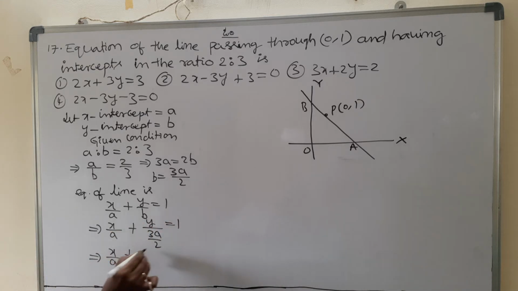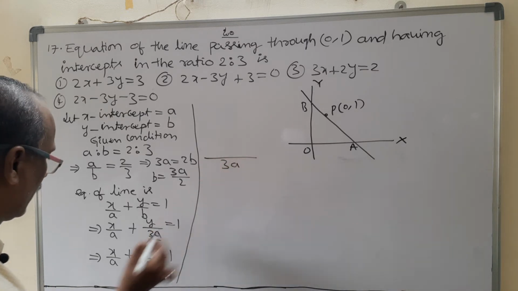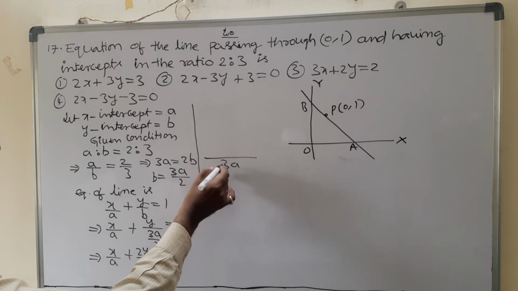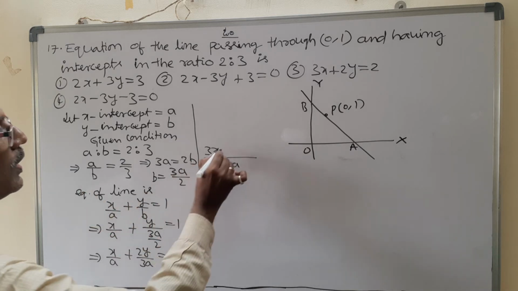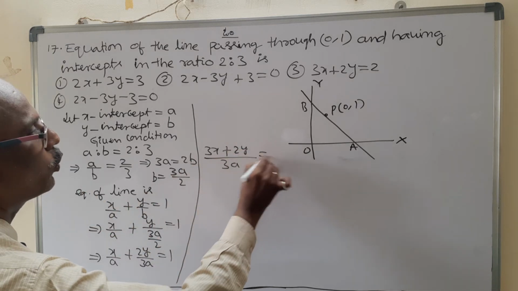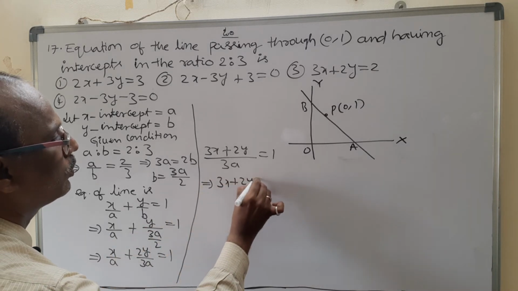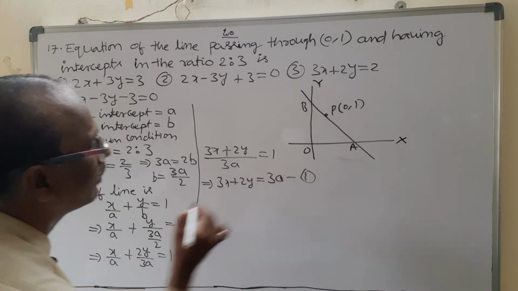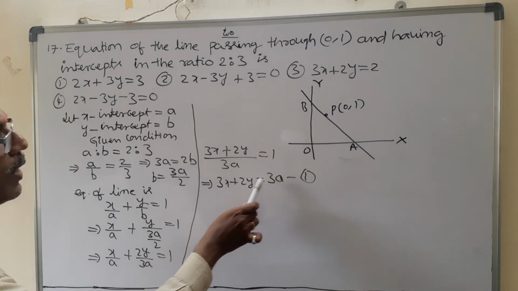Taking the reciprocal, x by a plus 2y by 3a equal to 1. 3a is the LCM. Multiplying by 3a, the 3a gets cancelled one time, 3x plus 2y is equal to 3a. This is equation 1. The line AB equation is in the form of 3x plus 2y is equal to 3a.